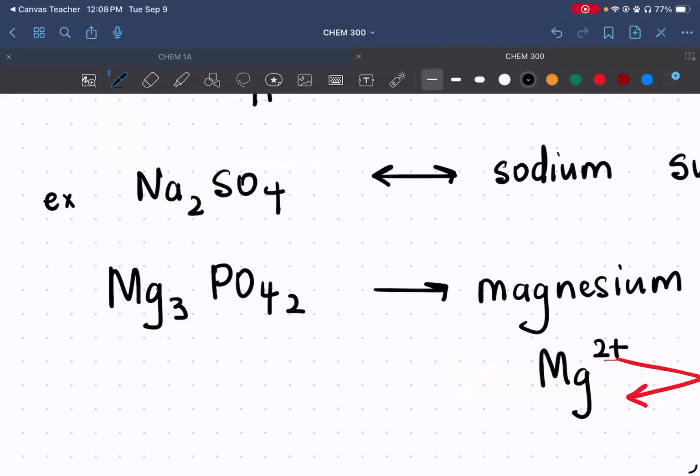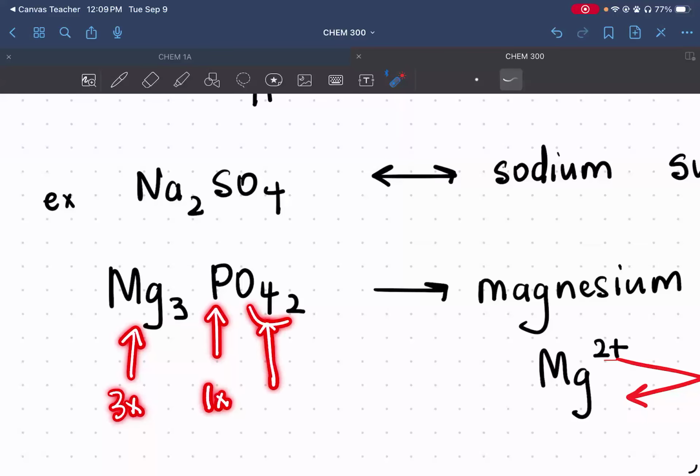The way I have written this formula, as is, suggests that there are 3 magnesiums, 1 phosphorus, and 42 oxygens. So the way this is written is inadequate. It's almost incorrect.